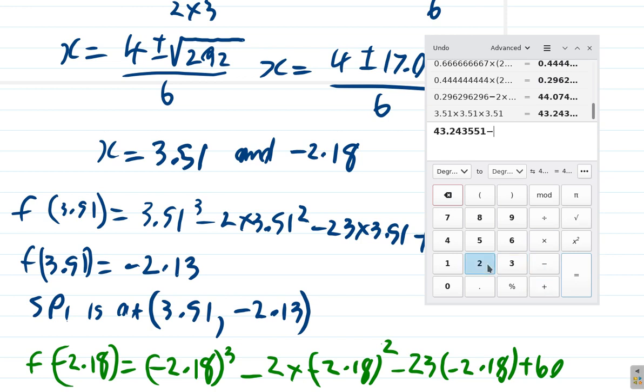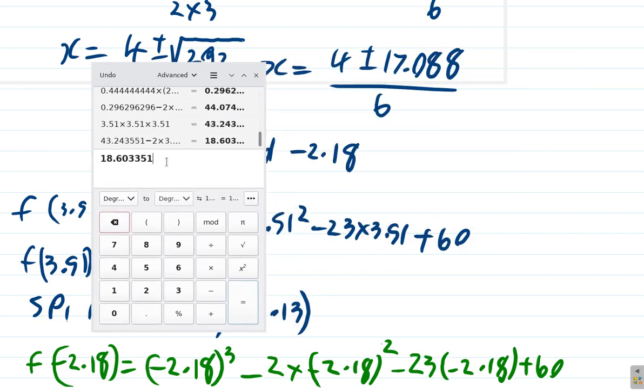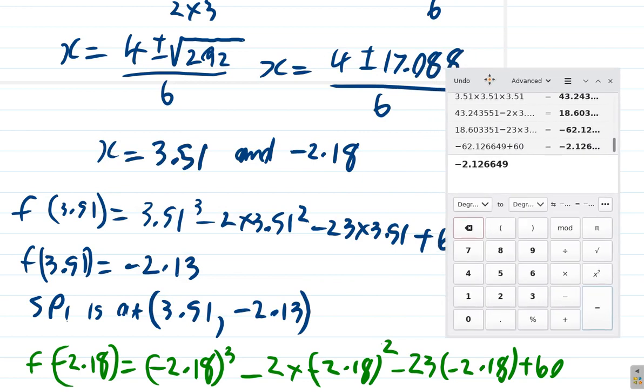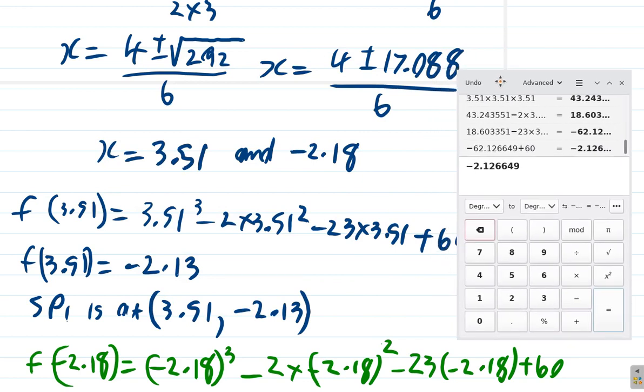Minus 2 times 3.51 times 3.51, which is 3.51 squared, equals 18 point something, minus 23 times 3.51 equals negative 62, plus 60 equals. Alright, so we have that.